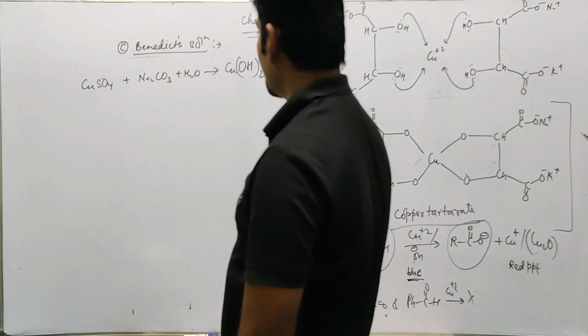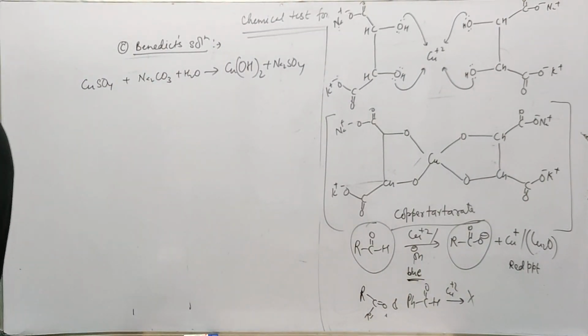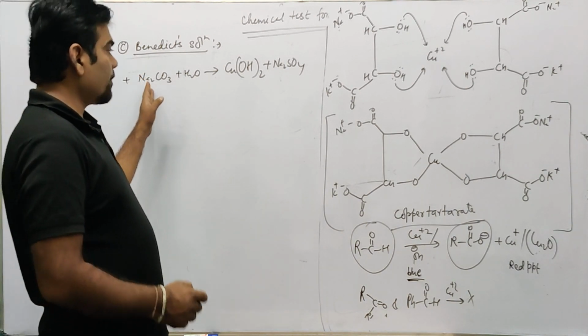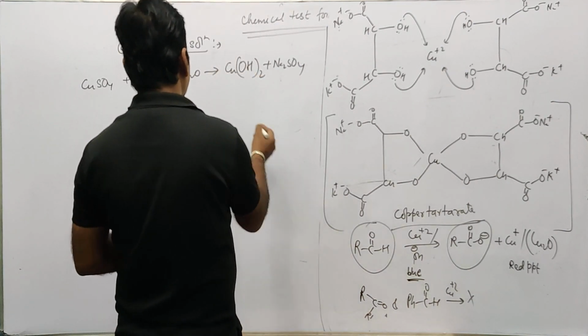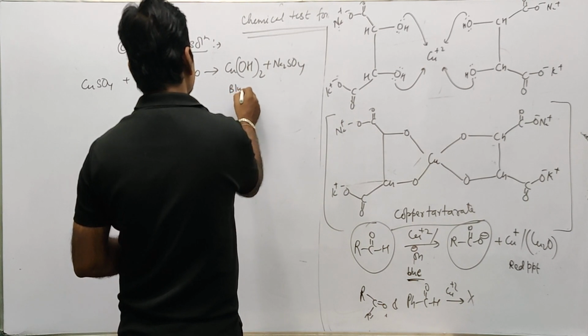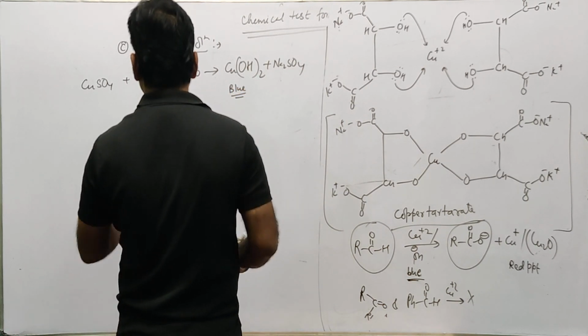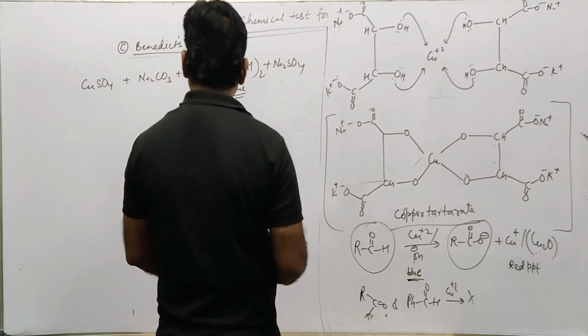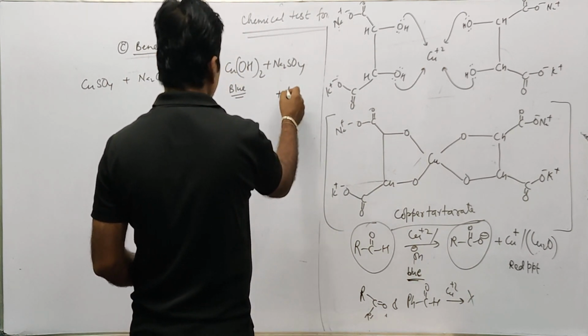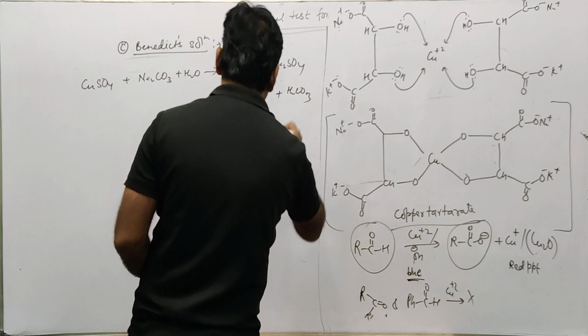So copper sulfate solution, when mixed with sodium carbonate and water, forms cupric hydroxide, which is a blue colored solution. Sodium carbonate and copper sulfate react by double decomposition to give sodium sulfate, and H2 and CO2 become H2CO3.